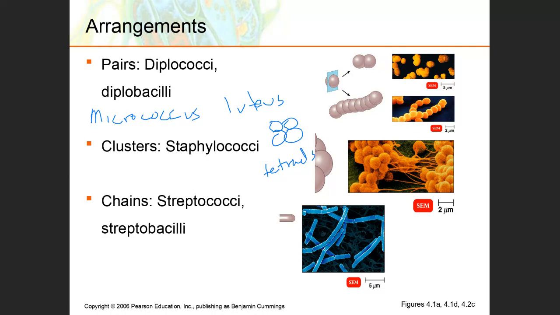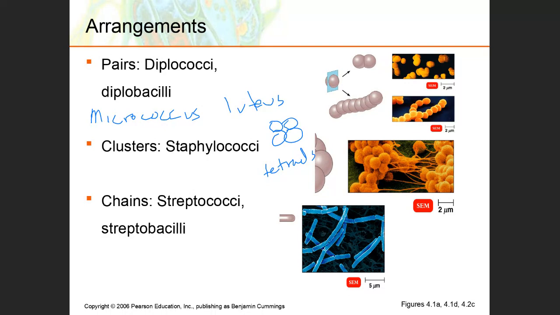So the best way to see a characteristic arrangement on a slide is to look at what's called the wild type version, something isolated from a patient or the environment, or a brand new fresh culture that you just got in the mail. And then you'll see that characteristic arrangement.